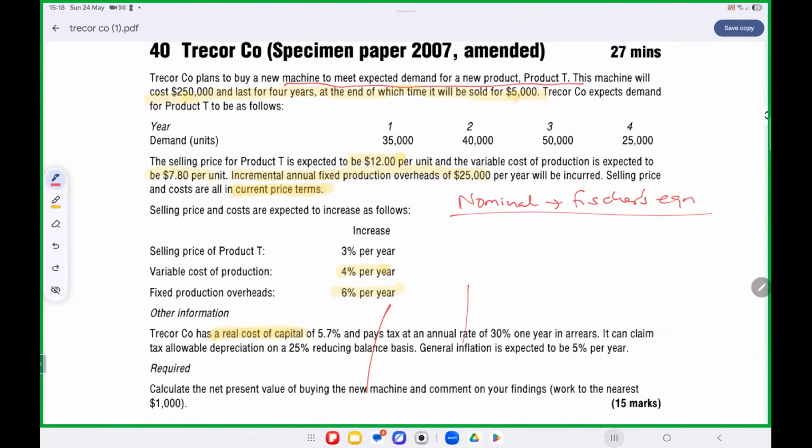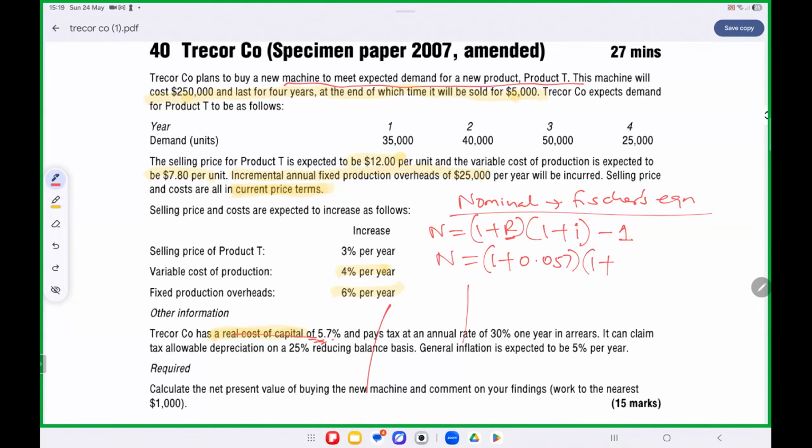Fisher's equation. We know that nominal should be equal to 1 plus real, into 1 plus inflation, general inflation, minus 1. So to get my nominal, which I'll be using for discounting purposes, it will be 1 plus the real cost of capital given here, 0.057, into 1 plus the general inflation.